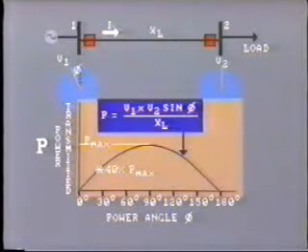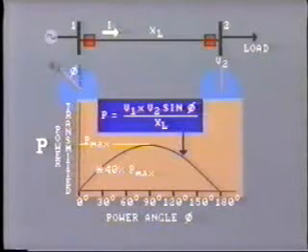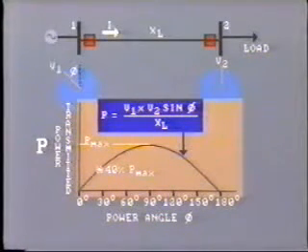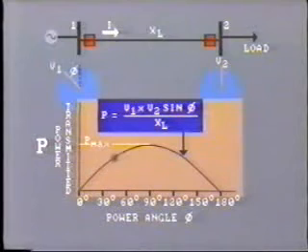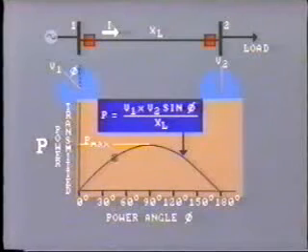This causes the rotor to accelerate and so advance the angle of voltage, V1. This now increases the power angle across the line and so increases the load transfer. After a brief oscillation, the governor settles down to its new position with the power angle now at, say, 45 degrees.